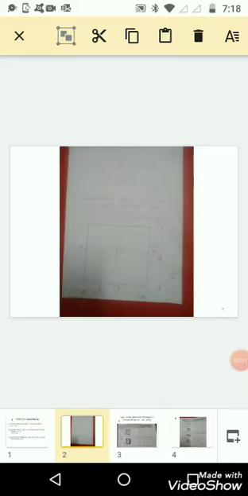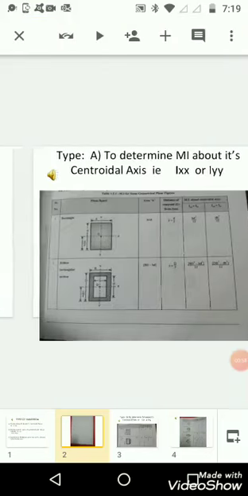So in category A, we are supposed to find out the moment of inertia about axis passing through centroid. That means in the question you have to find moment of inertia about XX axis or about YY axis. Okay, next slide.